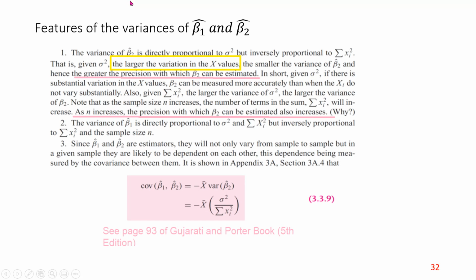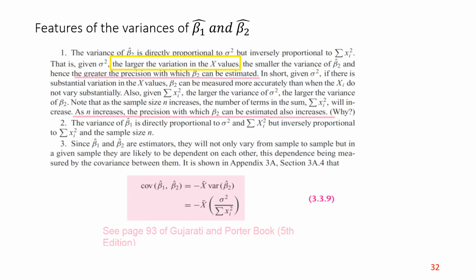Then another important observation: if we increase the sample size, the number of terms in the sum of xi square will increase. So as n increases, the precision with which beta 2 hat can be estimated also increases. Rather than understanding this algebraically, you can intuitively understand that when we increase the sample size, the sample is converging towards the population behavior.